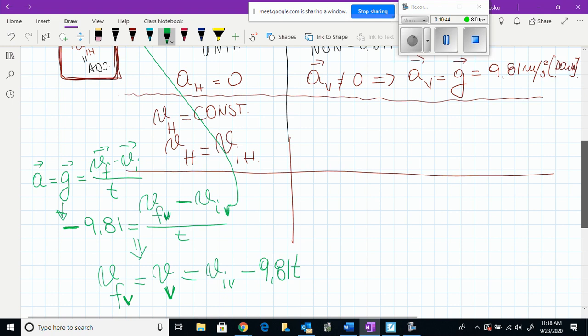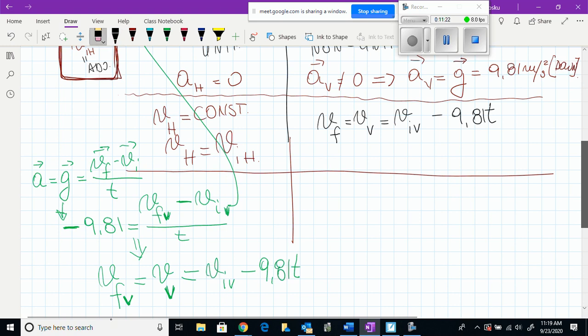Do you understand this? We'll take this relationship and use it for the vertical direction, the non-uniform motion. So the velocity in the vertical direction is equal to the vertical component of the initial velocity minus 9.81 t.